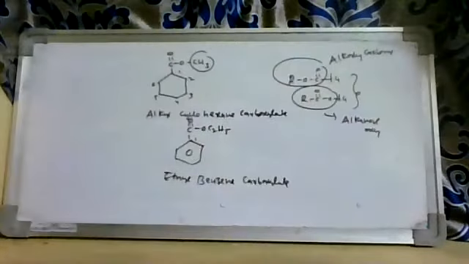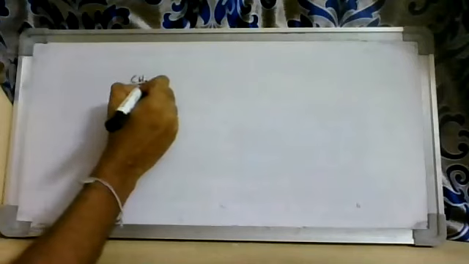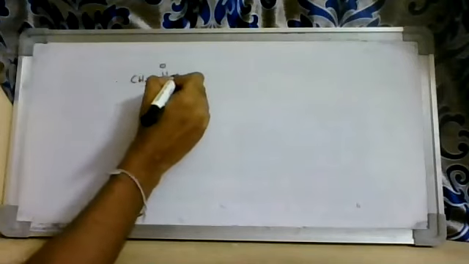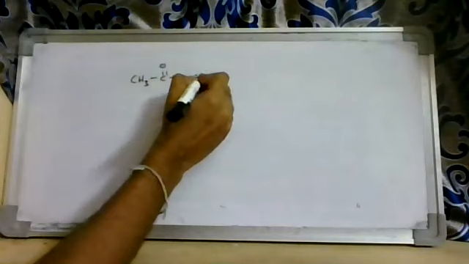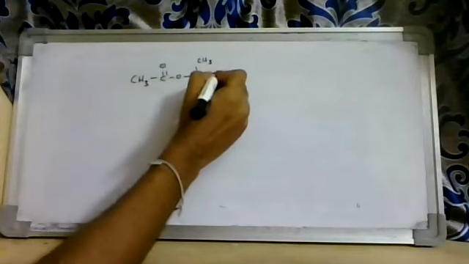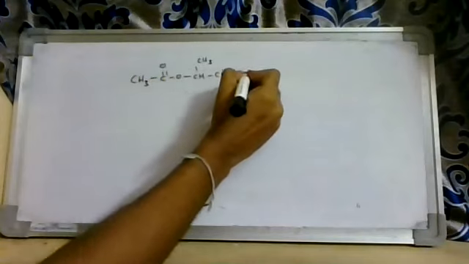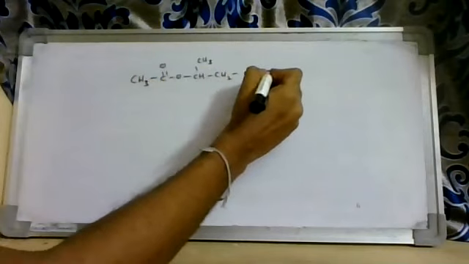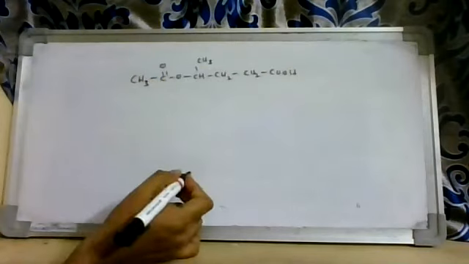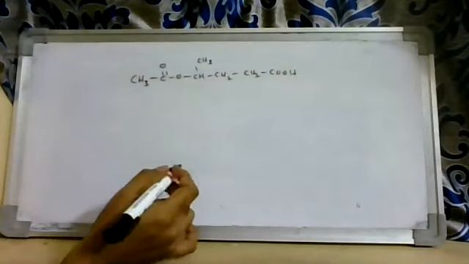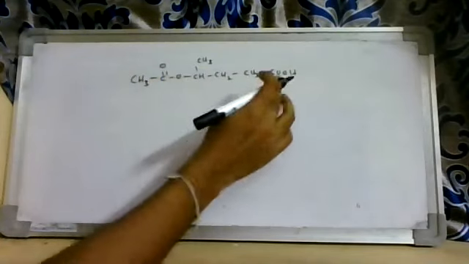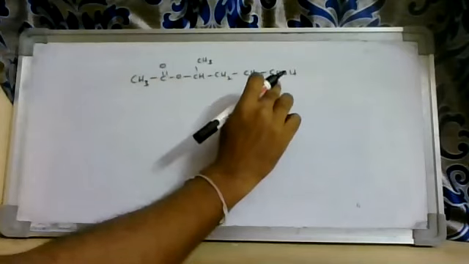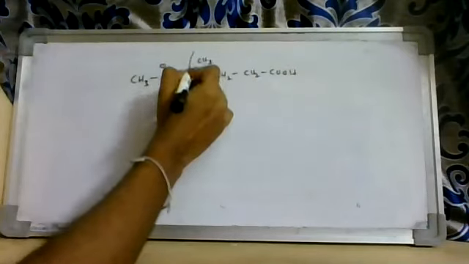Suppose I take some examples here. Here COOH and ester are present. According to functional group priority, acid is the main functional group. So we have to select the longest chain with the main functional group.